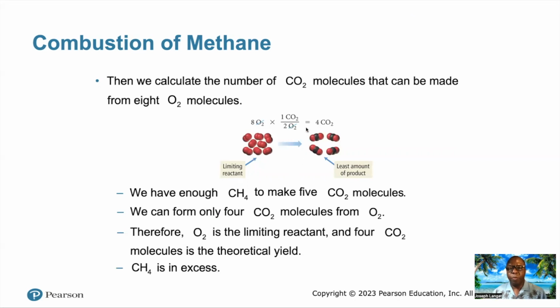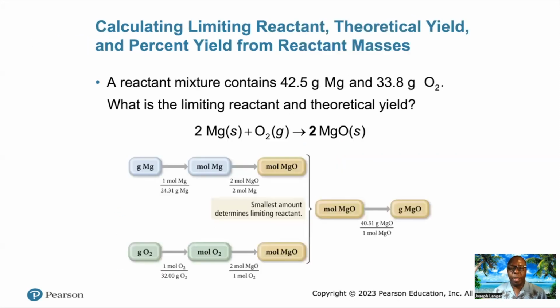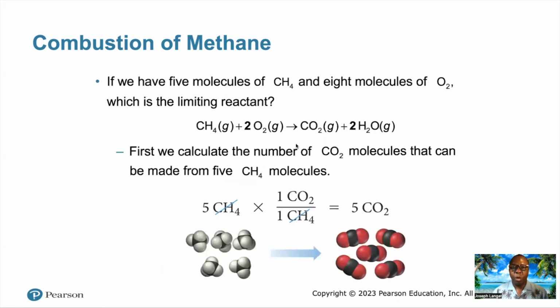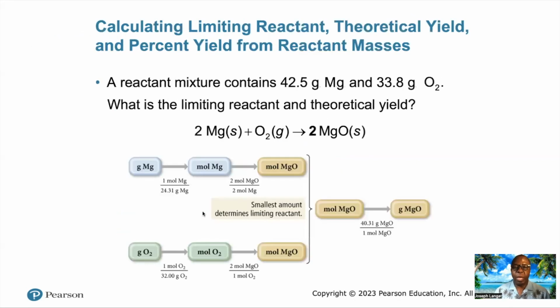If you are asked to calculate the excess, we need to subtract how much will remain. If 4 will be produced, we started with 5, 1 to 1, that means we'll use 4 out of the 5, and 1 will remain as excess reagent.